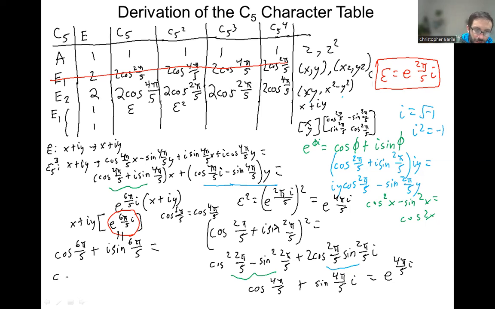So this equals cosine 4 pi over 5. And lo and behold, sine 6 pi over 5 actually equals negative sine 4 pi over 5.